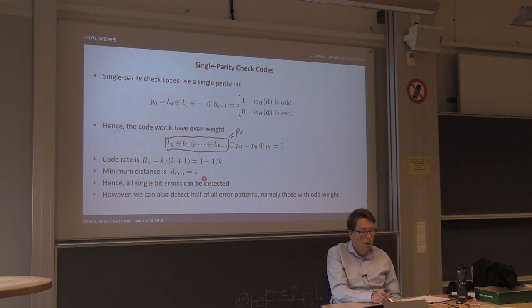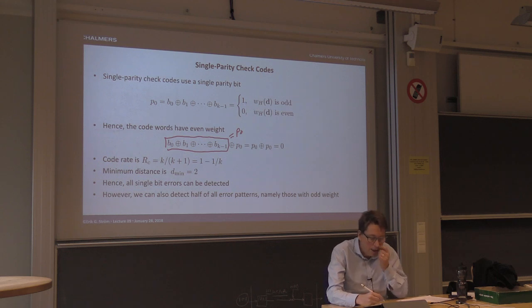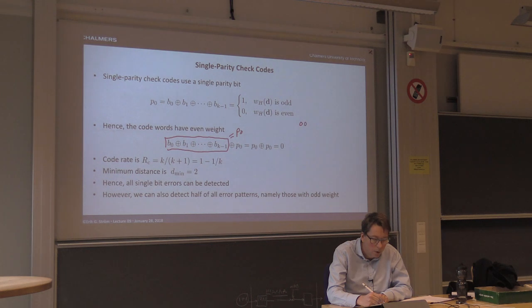But it means that all single bit errors can be detected. Why is this the case? Well, say k is equal to 2. We have 0 0, 0 1, 1 0, 1 1.